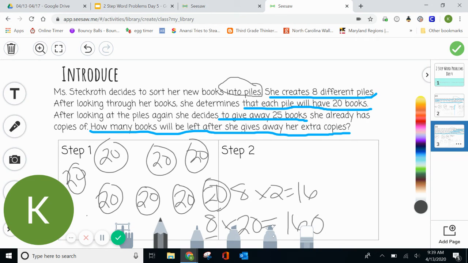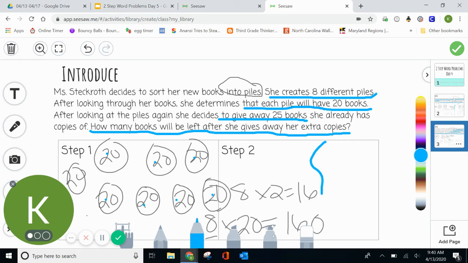I'm adding that 0. If we weren't sure, we could go ahead and count our model. 20, 40, 60, 80, 100, 120, 140, 160. So 8 times 20 is in fact 160, but I'm not done yet.